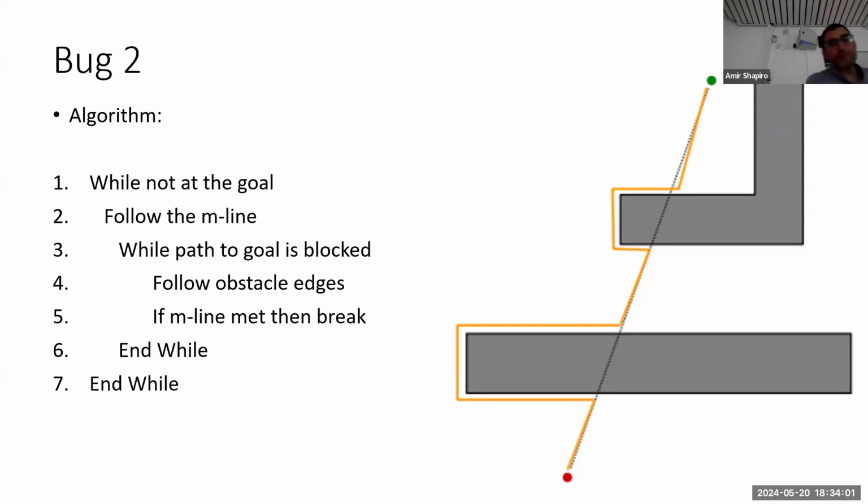And here you can see, this is called the M line. While the path through the door is blocked, follow an obstacle edge. If the M line is met, then break and go back.